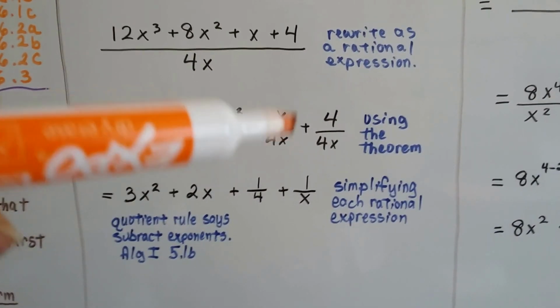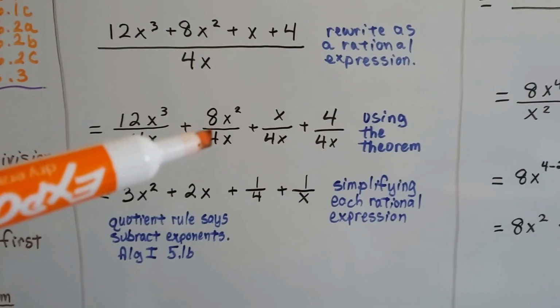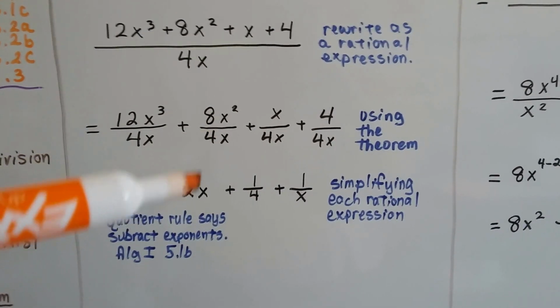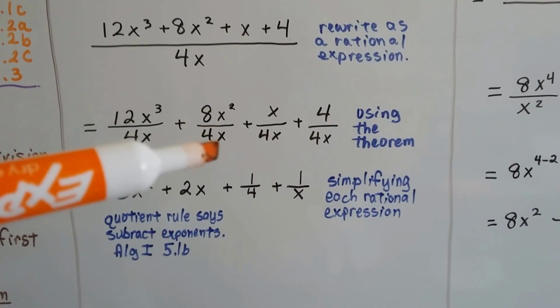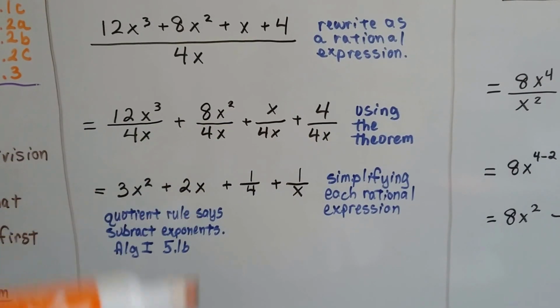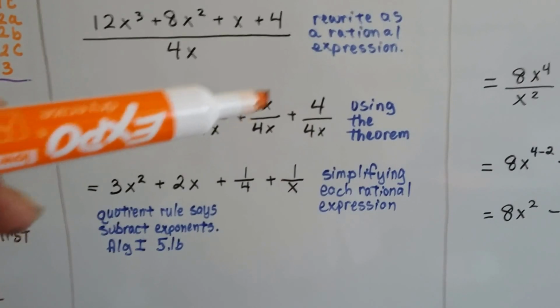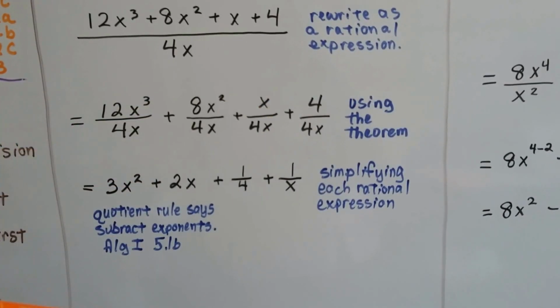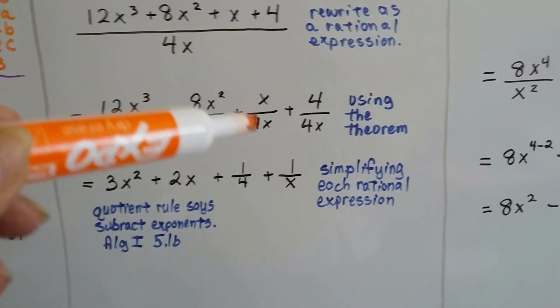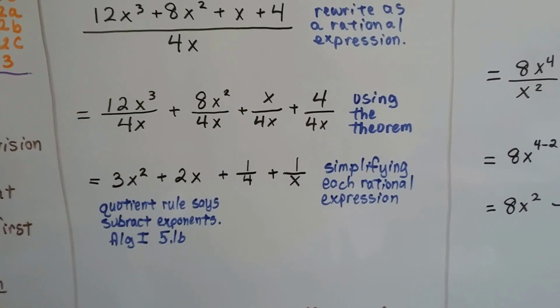We do the same thing with each term. 8 divided by 4 is a 2. X to the second power, take away x to the first power, it just leaves us an x to the first power. This gives us a 1/4 because these two x's cancel out, don't they? And there's an invisible 1 coefficient in front of that x.